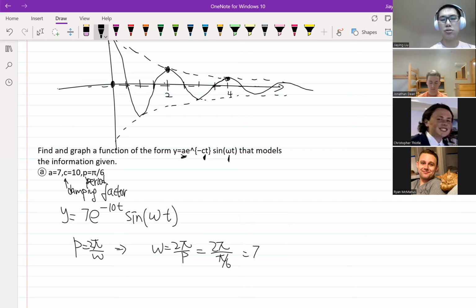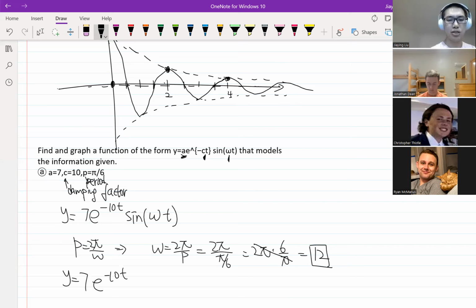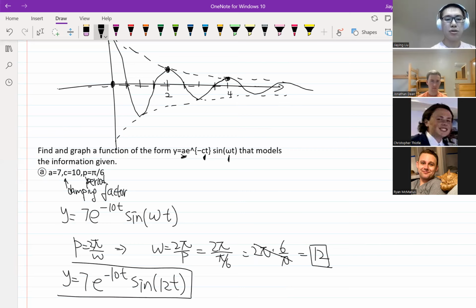So that's going to be 2 pi times 6 over pi, so that's going to be 12. That's omega. Put it back into the function. So we got y equals 7 e to the negative 10t sine 12t. That's really just about identifying the correct variable parameters and putting them into the function.